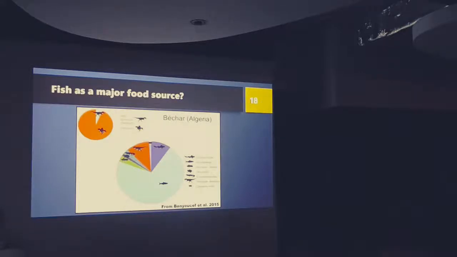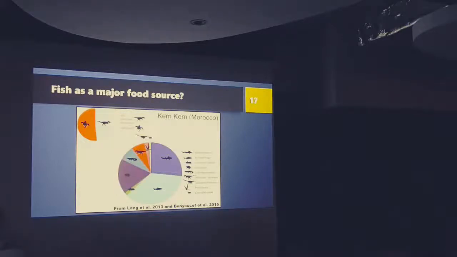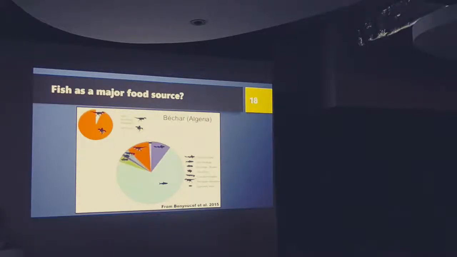And if we compare with other faunas, so this one was in the Kem Kem beds, and if we look at the Béchar fauna in Algeria, which is not one of the faunas that we studied, but which has similar features to the two faunas that we studied, we see that this time again there are a lot of fishes associated with a lot of theropods, and especially we see here that the Spinosaur abundance is correlated to the abundance of fishes.